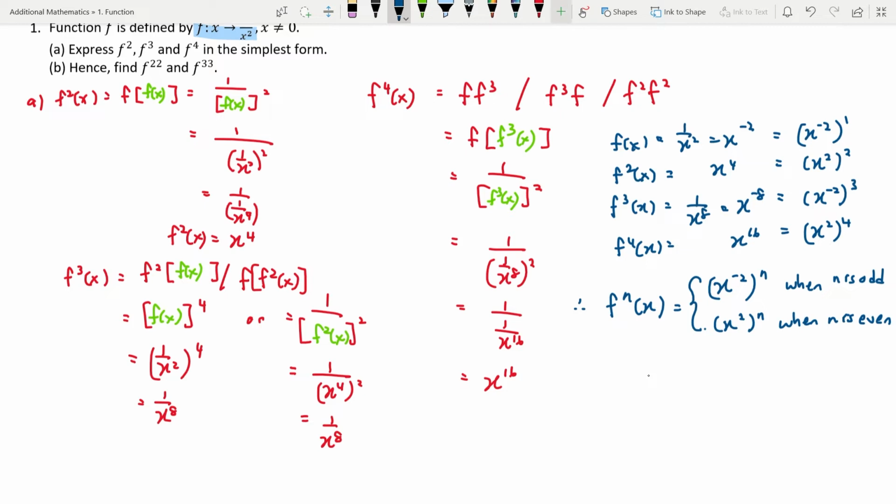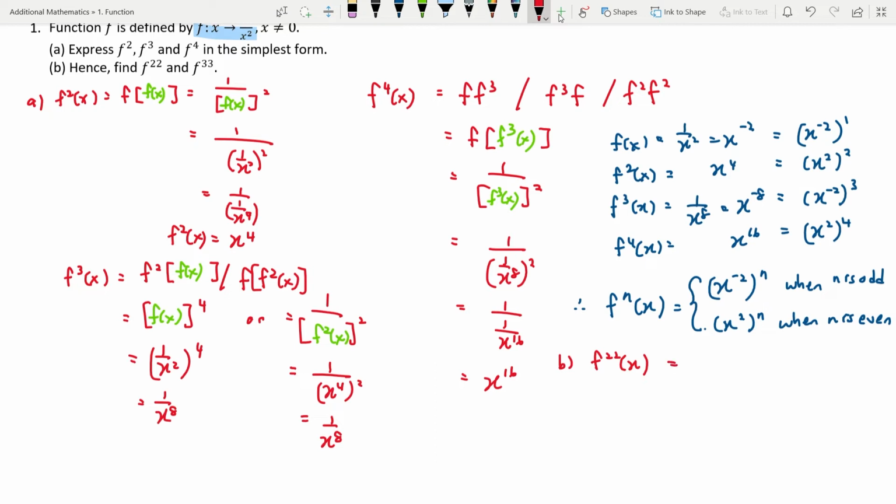For B, we are asked to find f22 and f33. We need to use our finding to obtain the values for f22 and f33. We are not going to do it one by one. Since we already have a conclusion, we can obtain the value immediately. For f22(x), 22 is an even number.